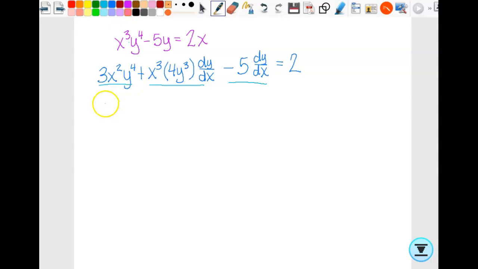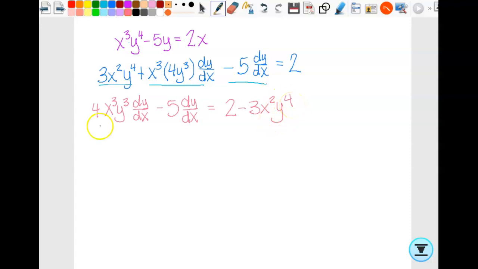So that means I can make this into 4x cubed y cubed dy/dx, minus 5 dy/dx. I cannot combine the 5 and the 2 because one of them has a dy/dx and one of them doesn't. Equals 2, and then I subtract this over, minus 3x squared y to the 4th.